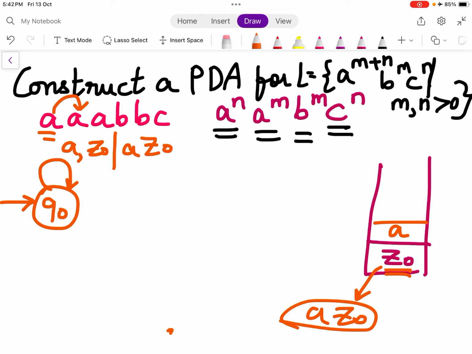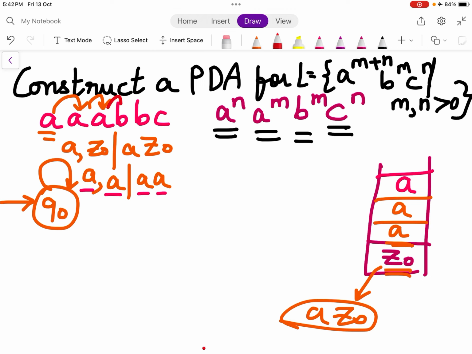Then the read write head moves one step ahead, sees an A, and on top of the stack you also have A. Both the A's will be pushed together. Again, the read write head moves one step ahead, sees an A. When you see an A it will be pushed in the stack.